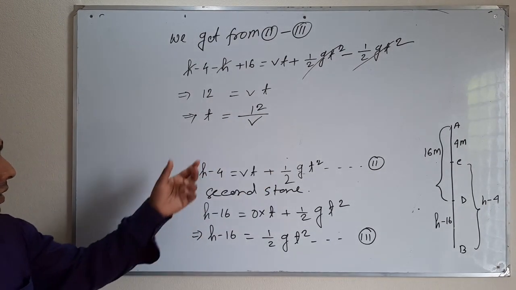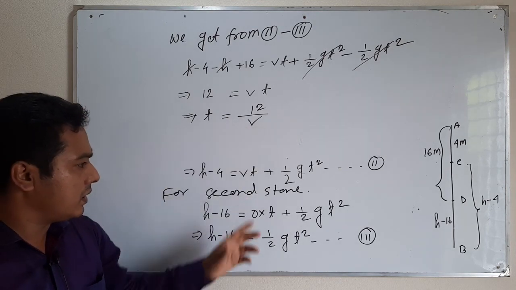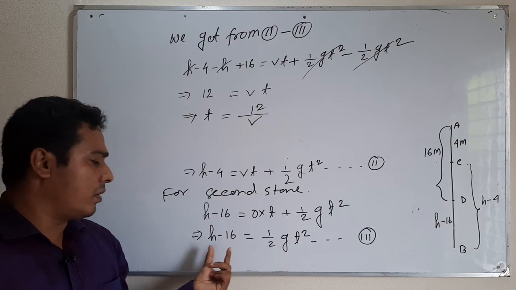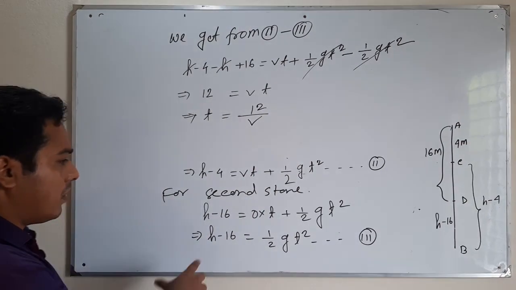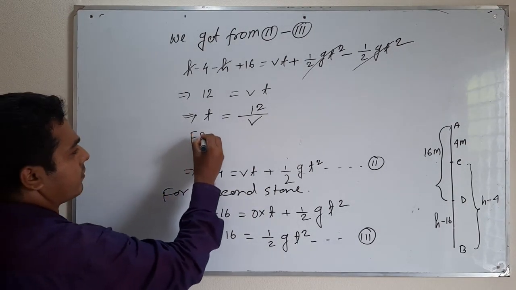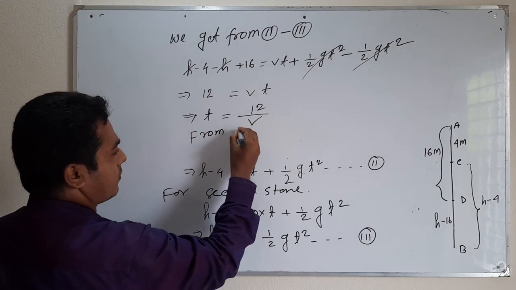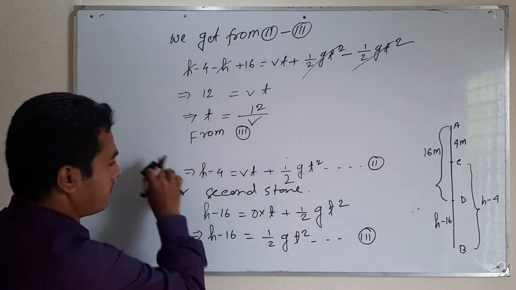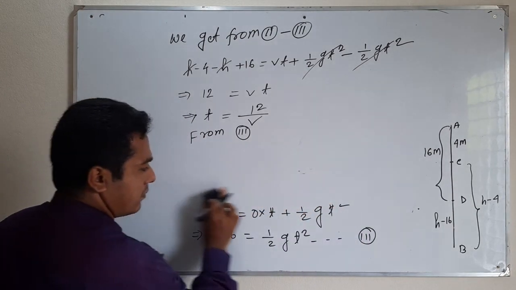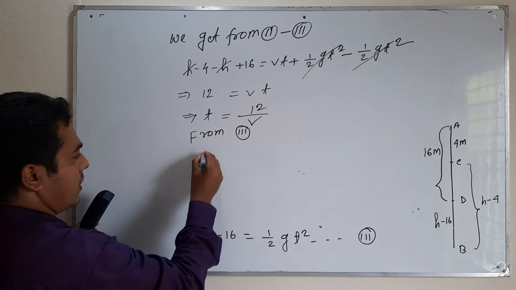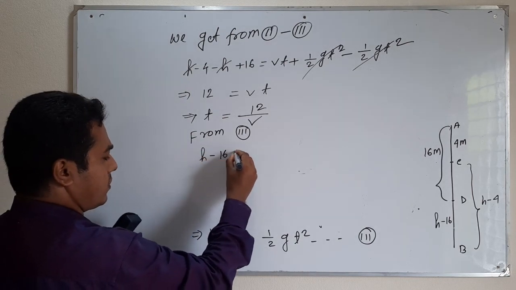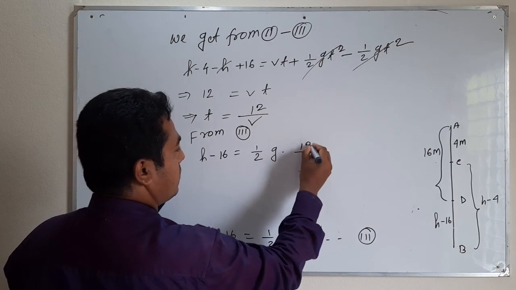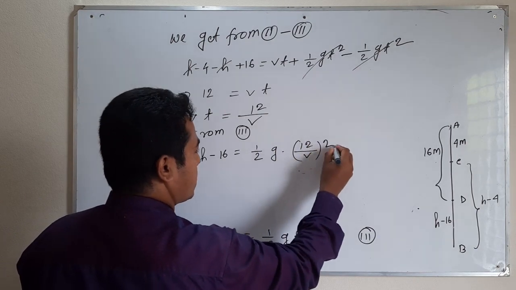If we put the value of T in equation number 3, then we will get the value of height. From equation 3, H minus 16 is equal to half of G times 12 divided by V, whole square.